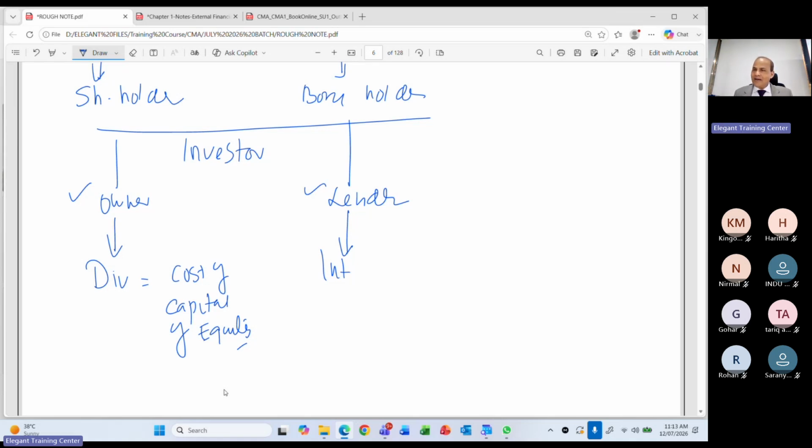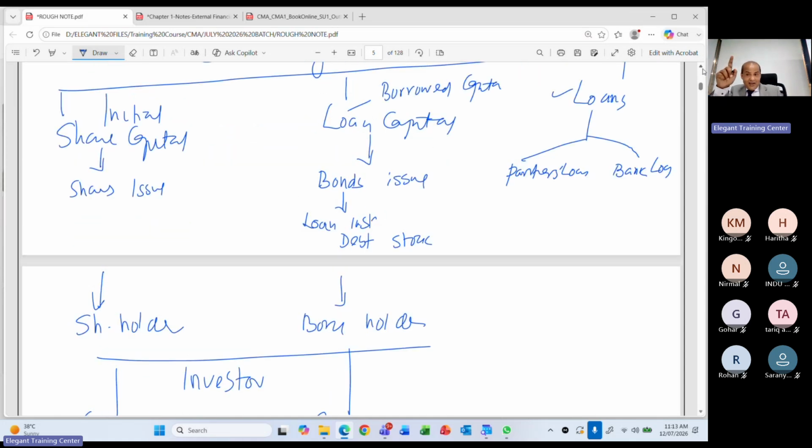Clear or not? Now coming to the banks. Your company also has bank loans. Is the bank an investor in your company? Your company has taken loans from the bank. Is the bank an investor? No. Investor means buying the shares and bonds.